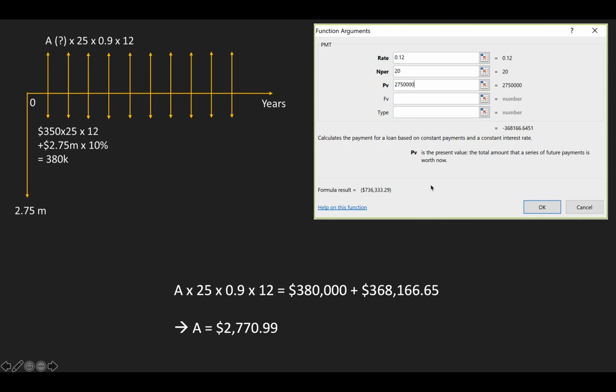So basically this is cost, this is negative. So we convert the initial investment to annuity, this is our cost.